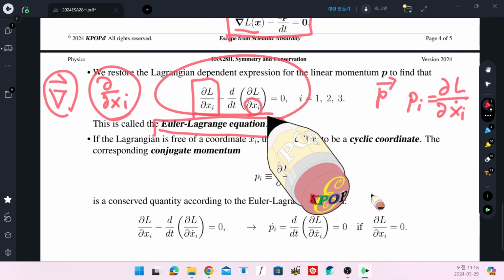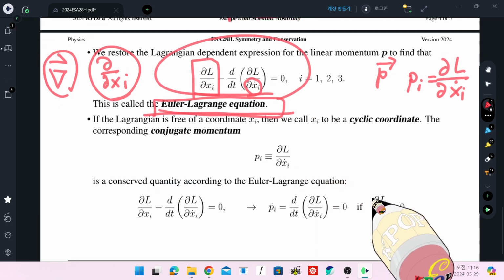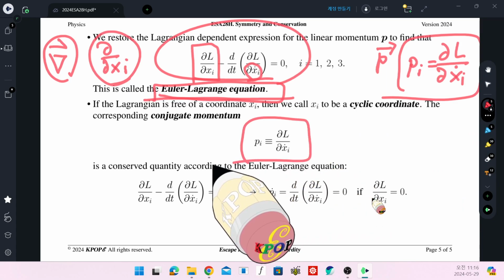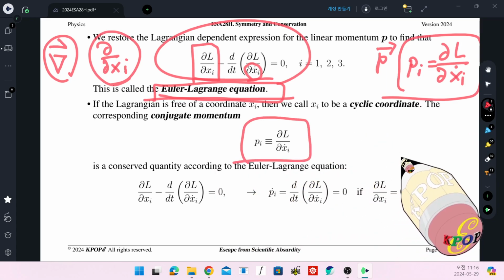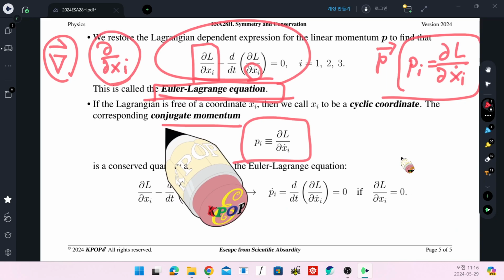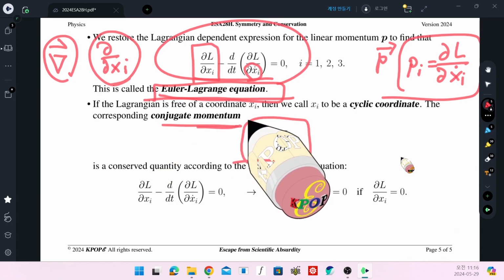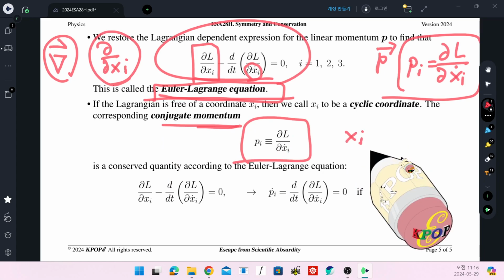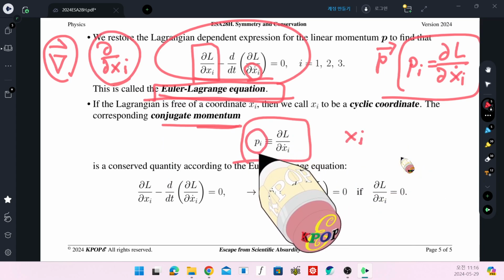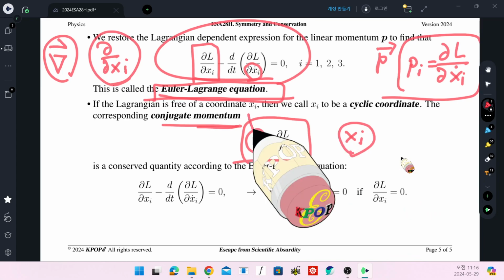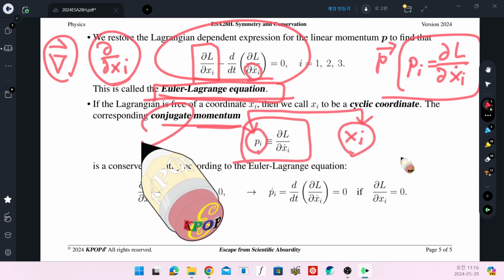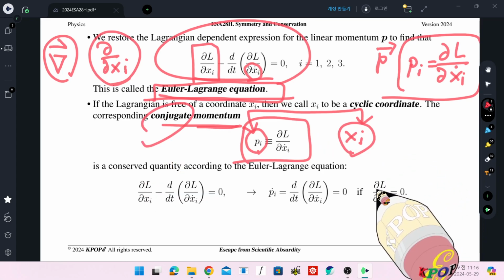This is called the Euler-Lagrange equation, and this notation that represents the linear momentum is called conjugate momentum. The momentum conjugate to the coordinate x_i. So linear momentum p_i and x_i are correlated as a pair. That's the reason why we use the word conjugate.